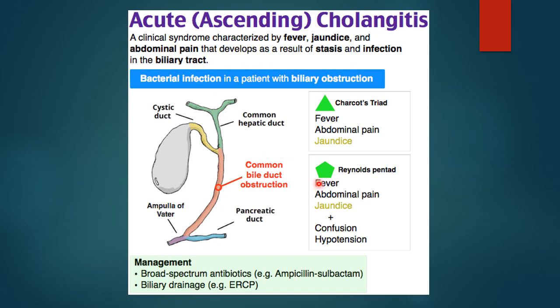In more severe cases, patients develop the Reynolds pentad, fever, abdominal pain, jaundice, together with confusion and hypotension. This bacterial infection of the biliary tract must be treated immediately with broad spectrum antibiotics and biliary drainage such as an ERCP procedure.